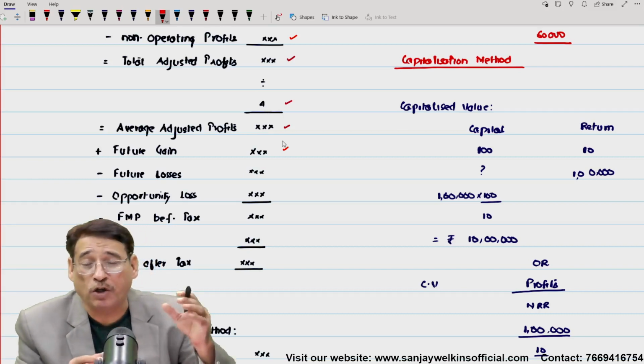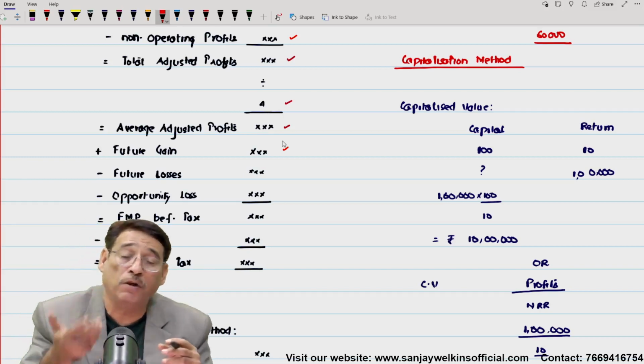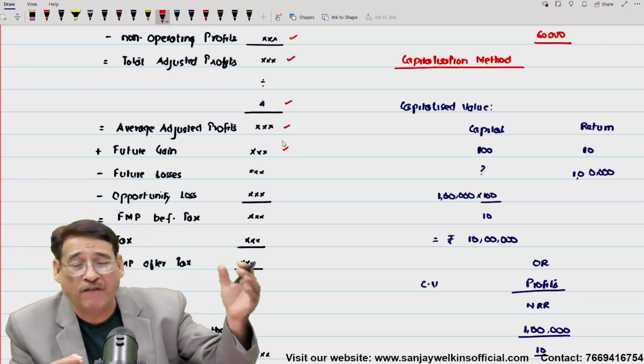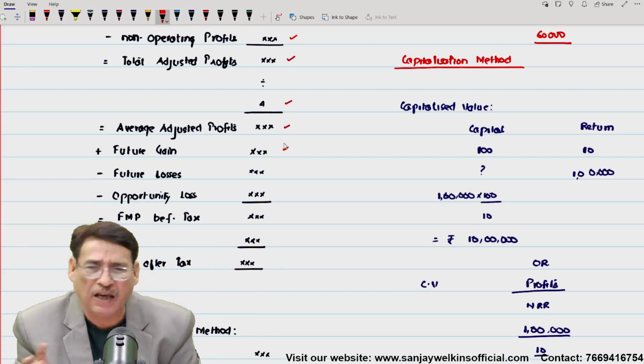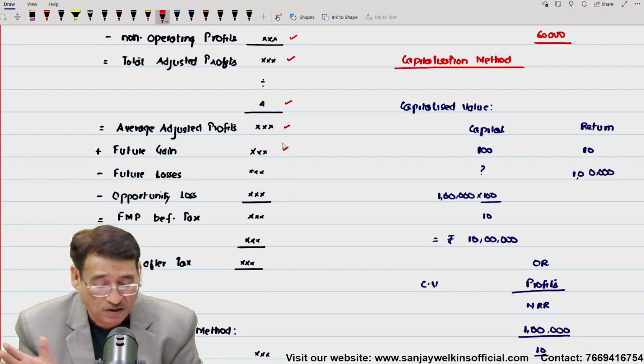The import duty on that might be taken off, or import duty might be reduced. So that is the reason you will have some gain in future. Is it clear to you? So if there is any future gain, that means any future savings or gains, those future savings and gains will be added. Similarly, any future losses will be subtracted.